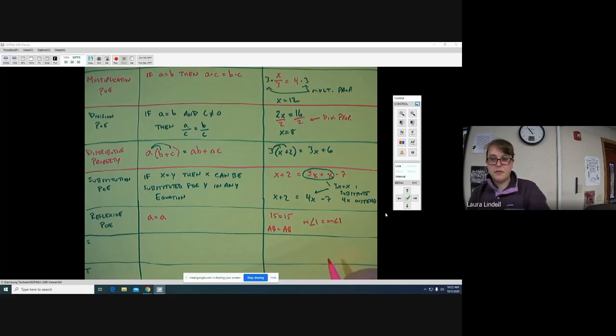Those are all examples of the reflexive property. Okay. So we usually see that one when we're talking about triangles and showing that two triangles are congruent and stuff like that. So we won't use that one a ton until we get there. The symmetric property, though, is one that you see a little bit more often in algebra. So that's our next one here.